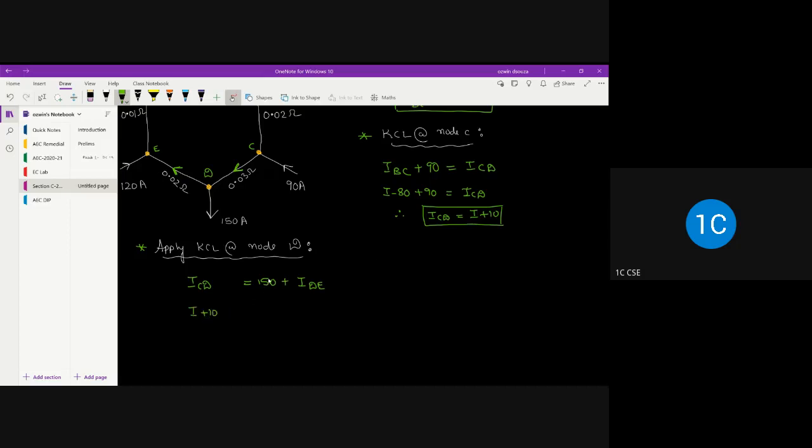And this 150, you bring onto the left hand side, so this becomes minus 150, and that is equal to IDE, or IDE is equal to I minus 140 amperes. Now let us apply KCL at, say, node E.